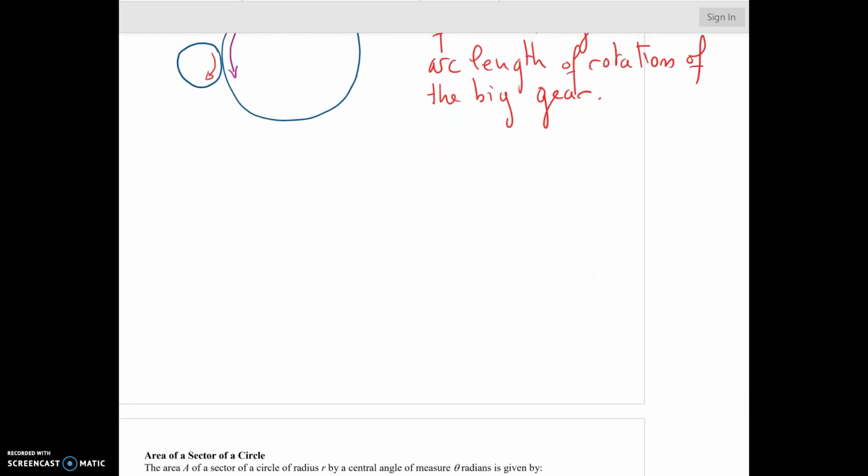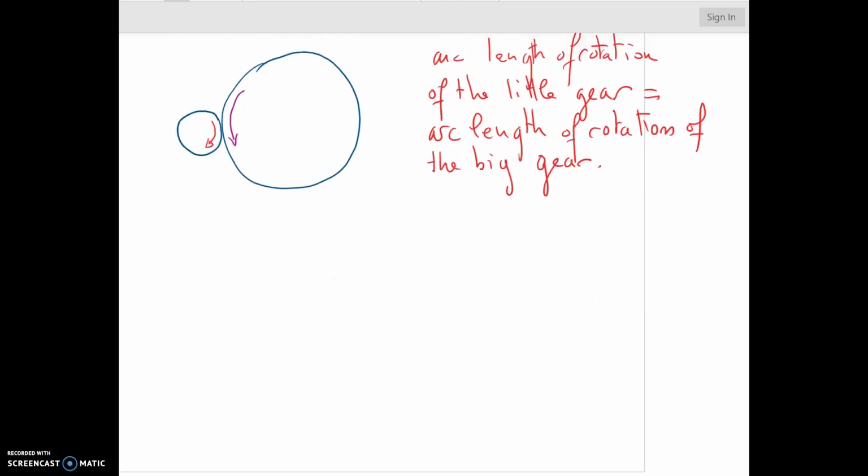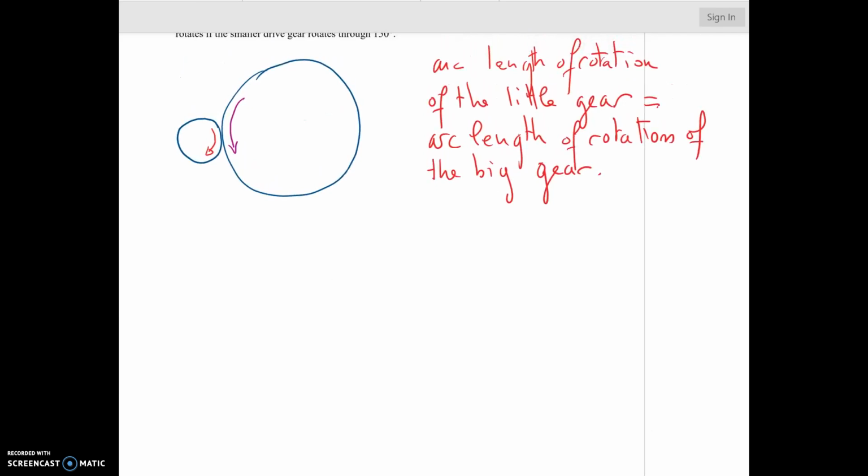So if I call the little gear gear number 1, and the bigger gear gear number 2, I can easily say that S1 will be equal to S2. That is 1, so let me put the 1 right here, and the biggest gear is gear number 2.